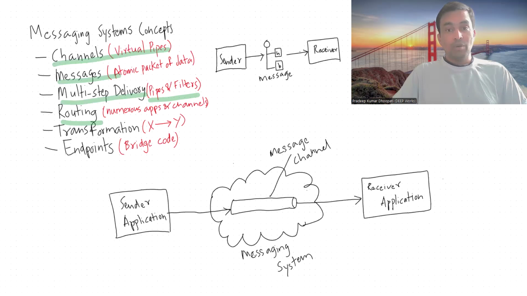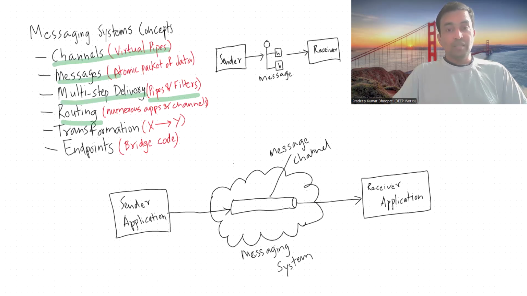So, how do a sender and the intended receiver make sure that the right data is received? That is based on routing. Routing is an intermediate step where it will create pipes and filters in between the sender and receiver in a large enterprise.